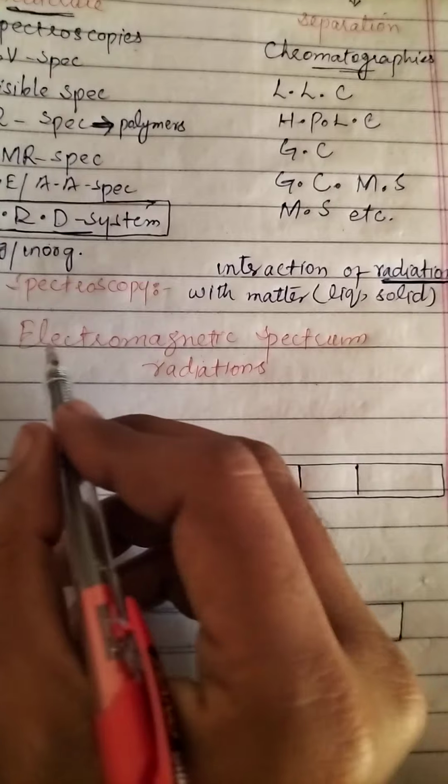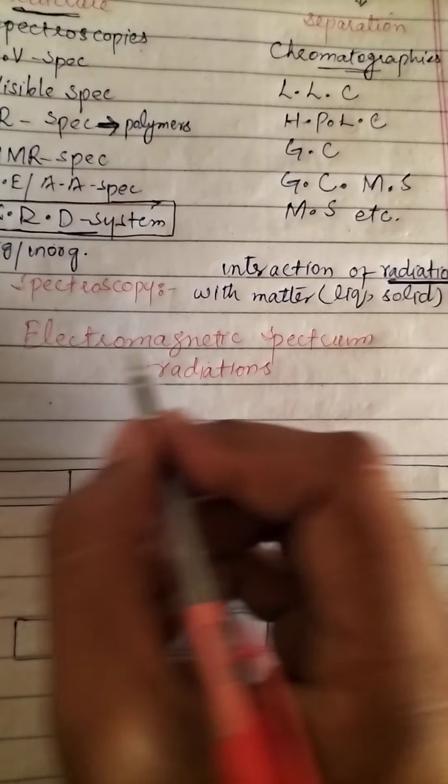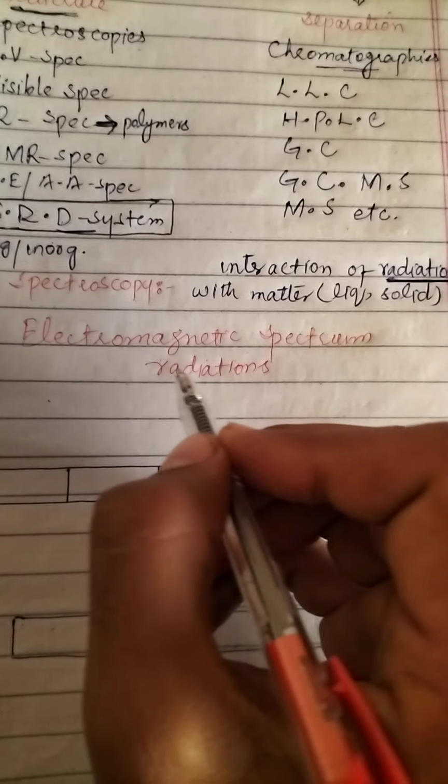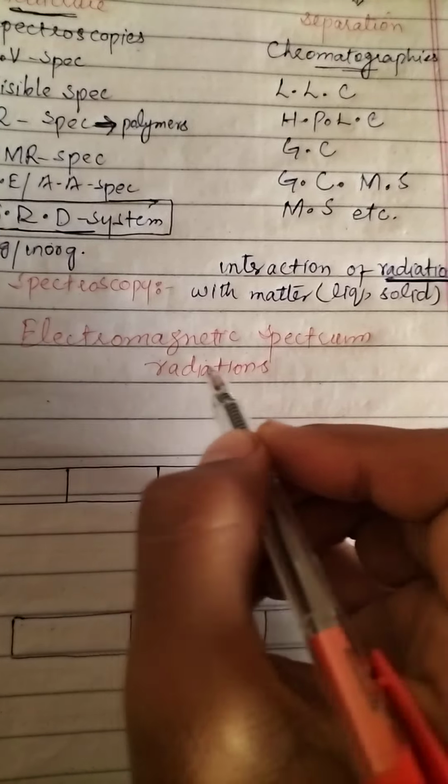These are radiations that have the dual nature of matter: they may act as waves as well as particles. Electromagnetic radiation has seven regions.